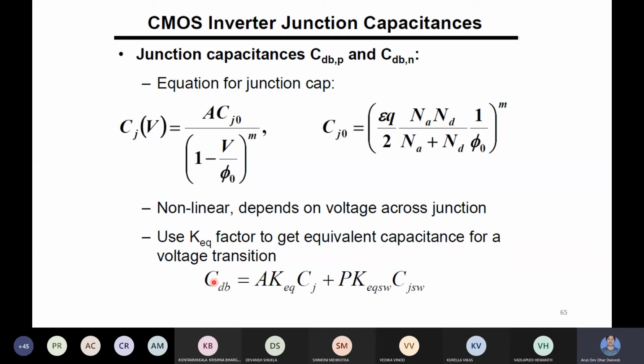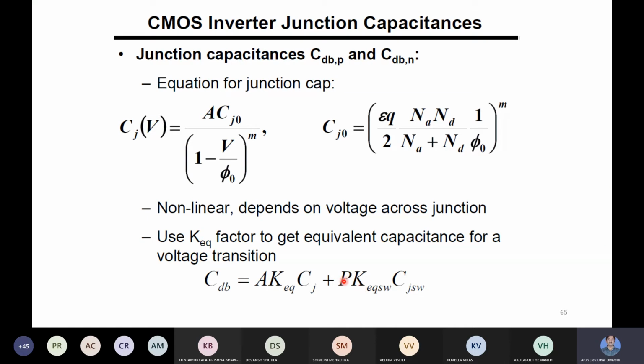So actually CDB can be area times K equivalent, plus P times K equivalent for the side wall. For the side wall, K will be different, and for the bottom junction K will be different. So this K is for the bottom junction and this one is for the side wall. P is the perimeter.